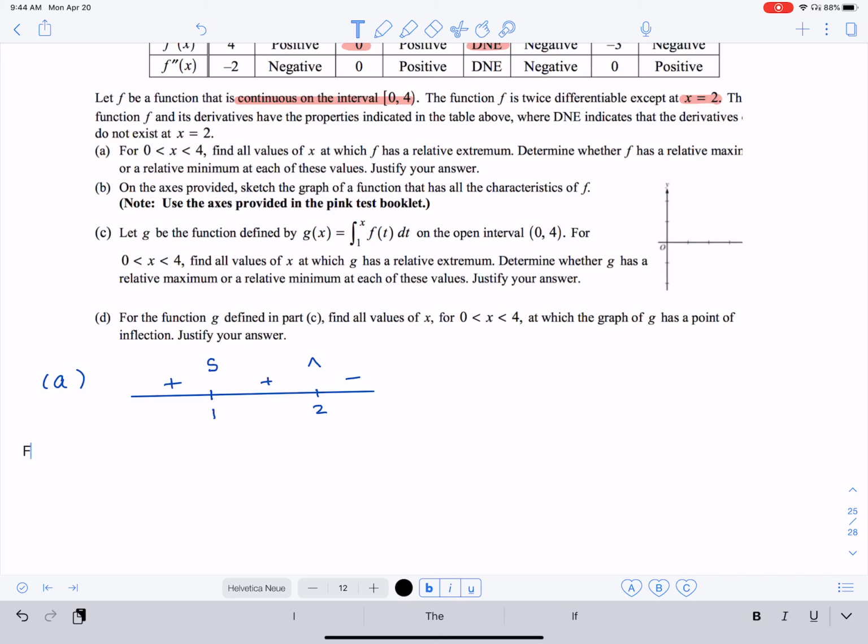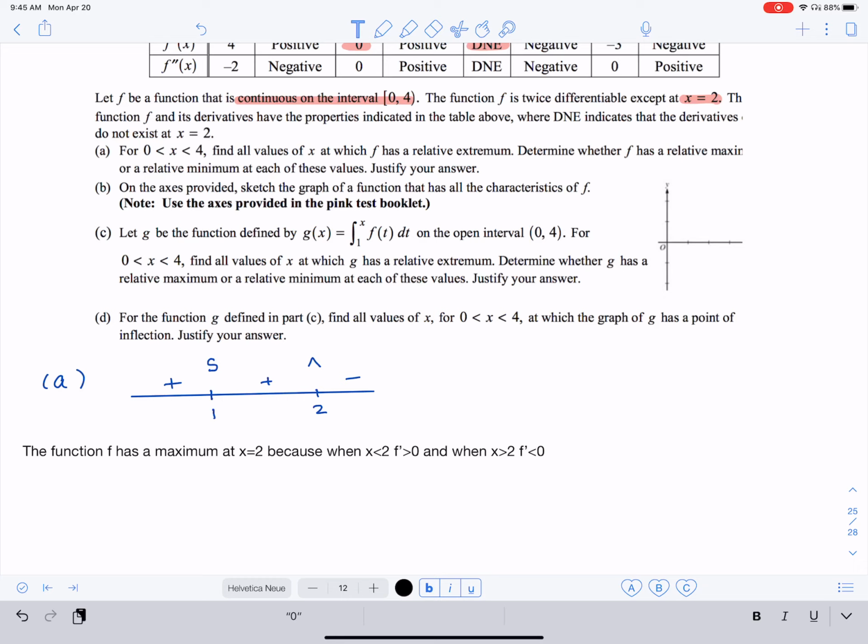So I'm going to say, the function f has a maximum at x equals 2 because when x is less than 2, f prime is positive. And when x is greater than 2, f prime is negative. Okay?